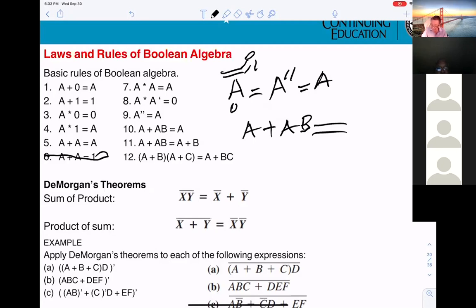A or AB, I can write it this way: A times 1, then you open the parentheses, 1 plus B. 1 or with anything must be equal to 1. 1 times A is A.